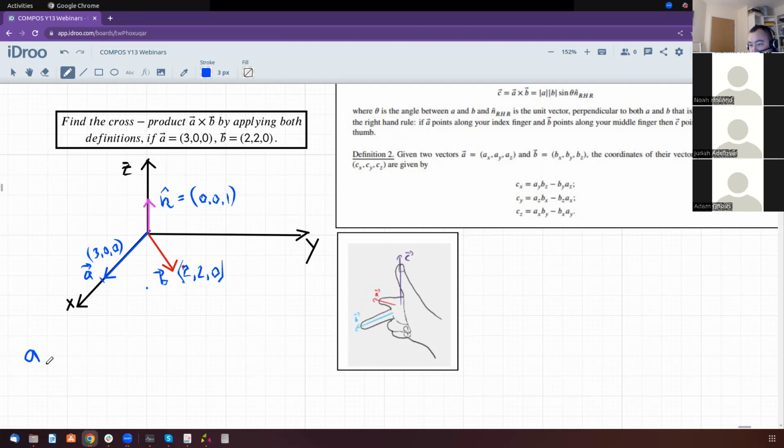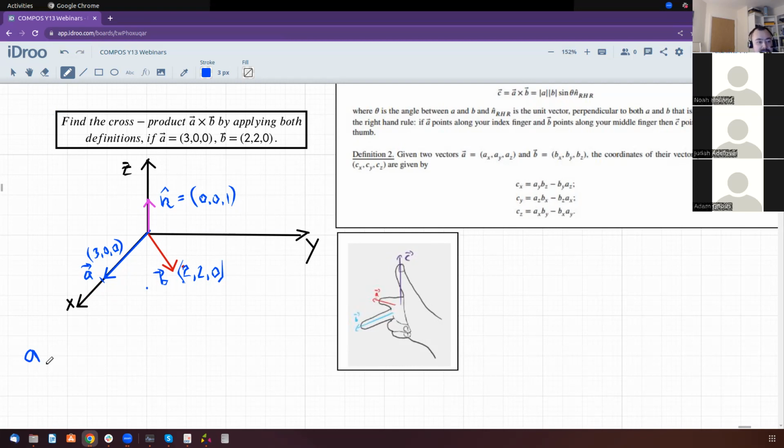When I was at university, I learned it differently. We looked from the tip of the z-axis, so our eyes are looking down the z-axis, and the angle from A to B should turn anti-clockwise.